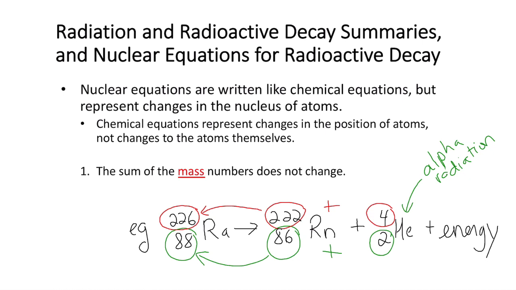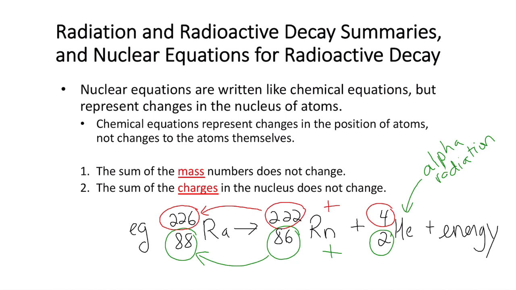The sum of the mass number does not change, and the sum of the charges in the nucleus does not change. So we still have balancing to do, but it's within the elements themselves rather than in the number of atoms present. So the example at the bottom is for alpha decay and shows how the overall mass and charges are conserved.